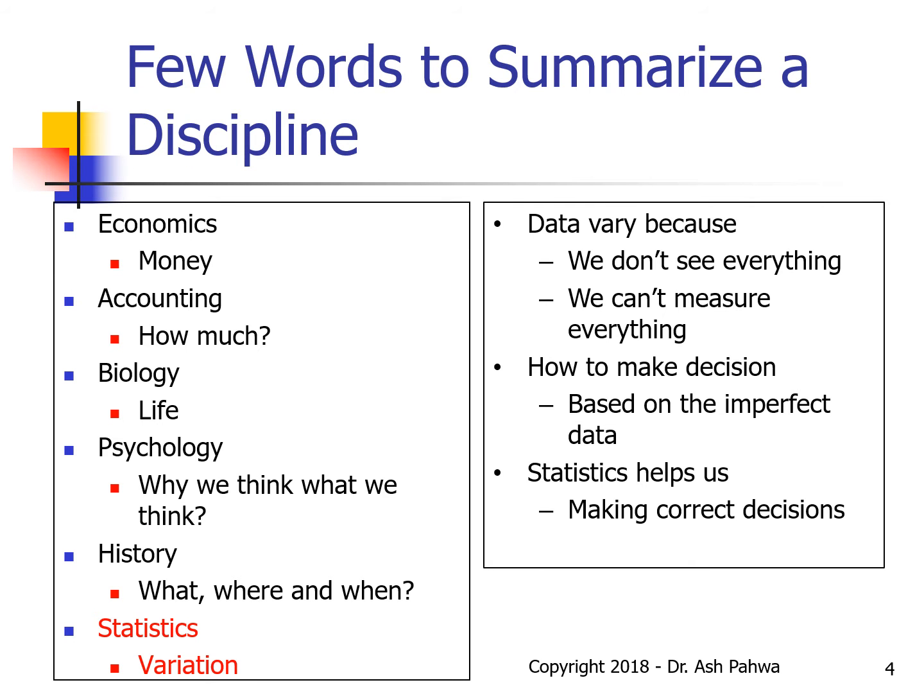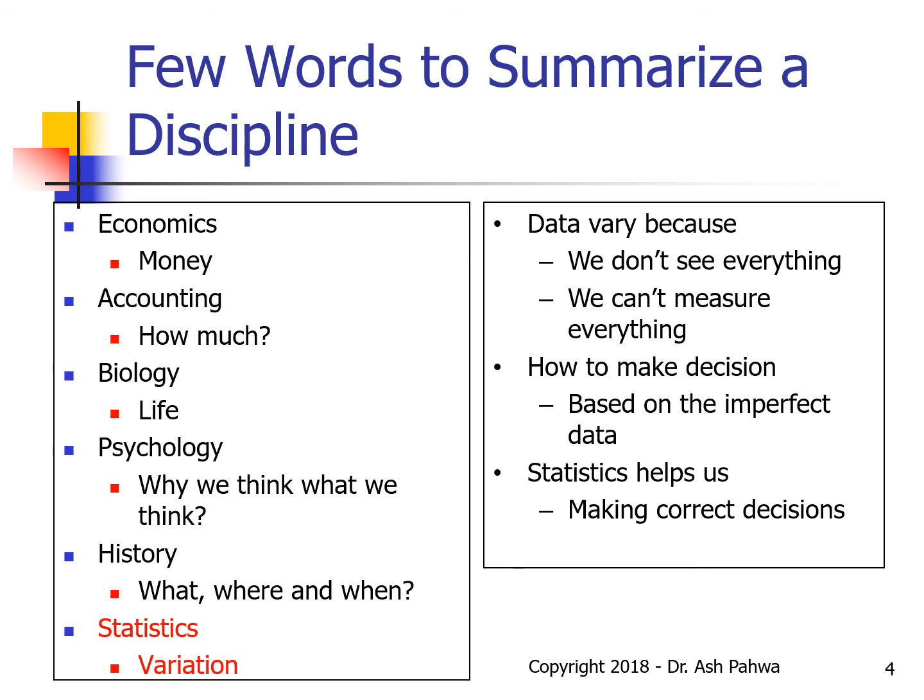Now suppose we have to define the discipline of statistics in just a few words. How would we do that? Well, whenever we use very few words to describe some discipline, we need to indicate what the goal of that particular discipline is. So, for example, if we need to describe economics, we can say this is the science about money.